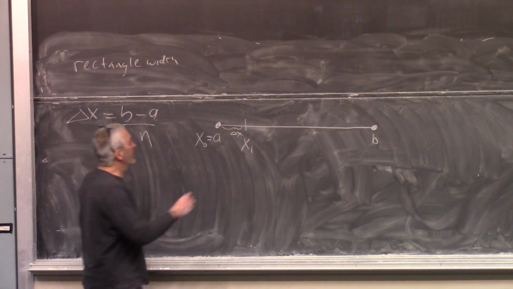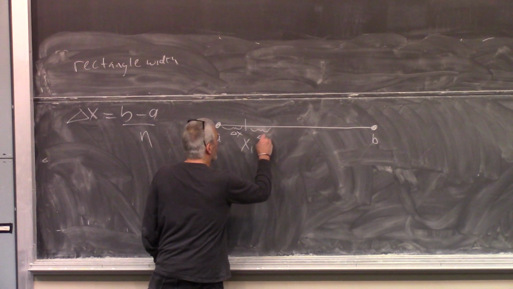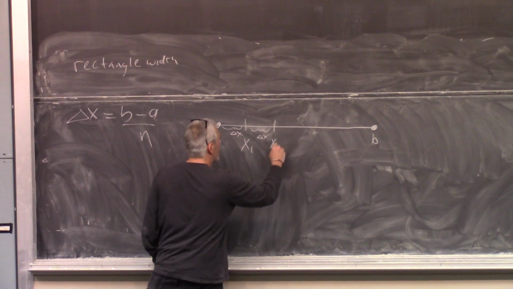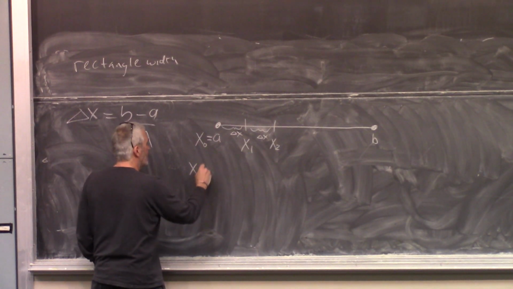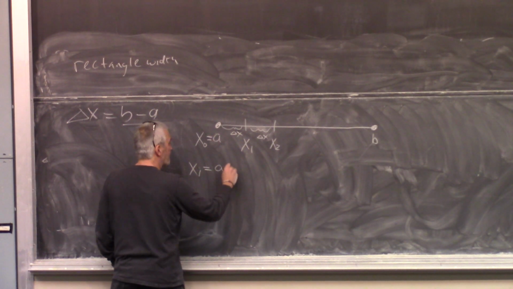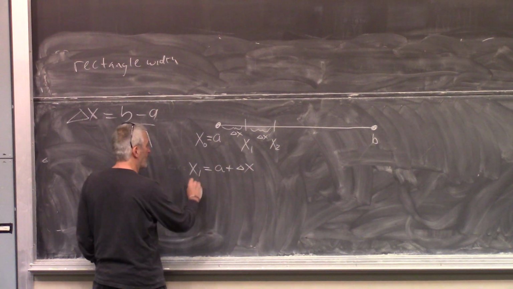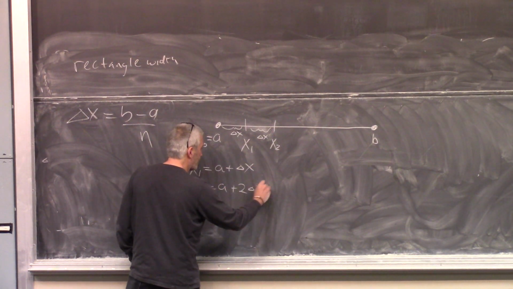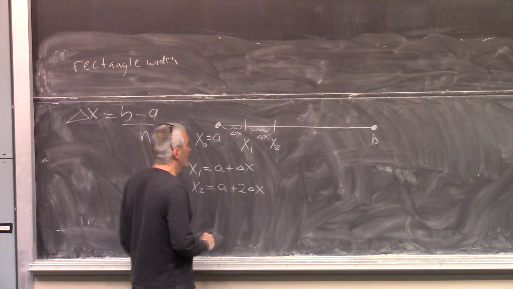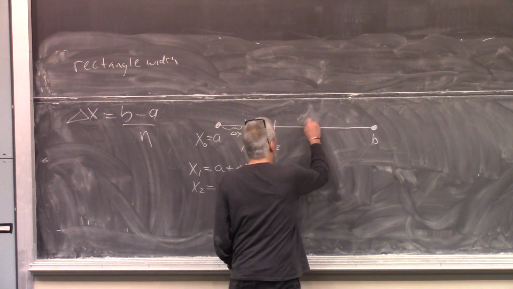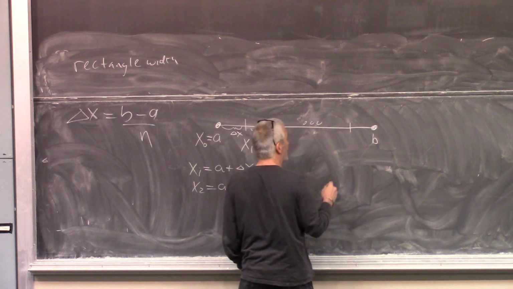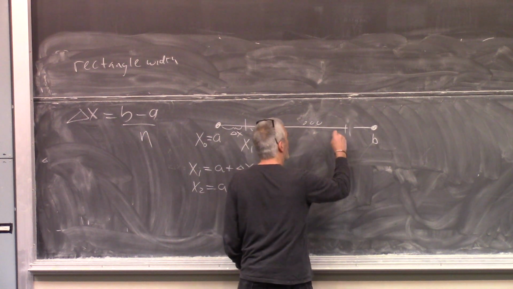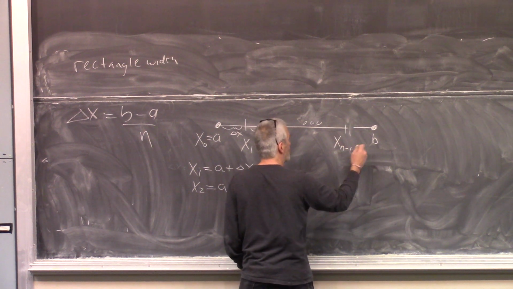And then we go over another delta x to get to what's called x2. So for instance, x1 is a plus delta x. x2 is a plus 2 delta x. Now we go on like this. This is the second to the last one, x subscript n minus 1.